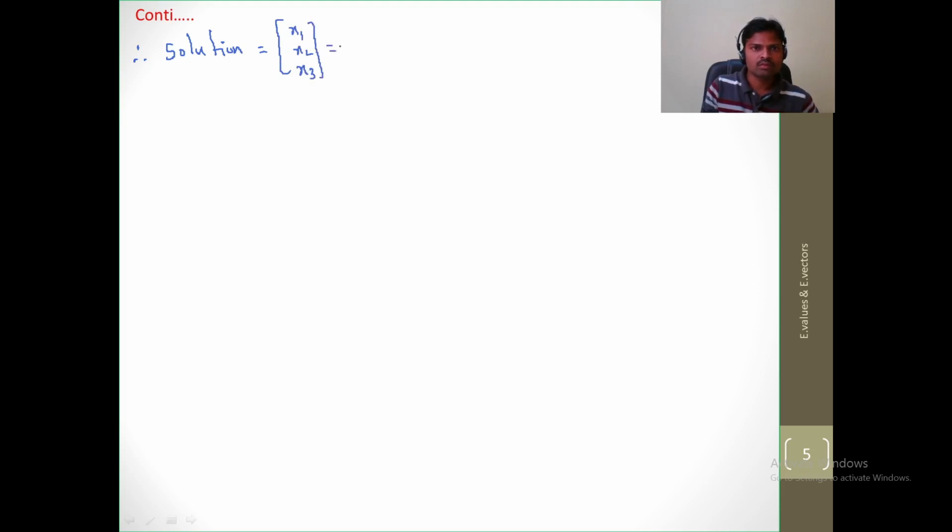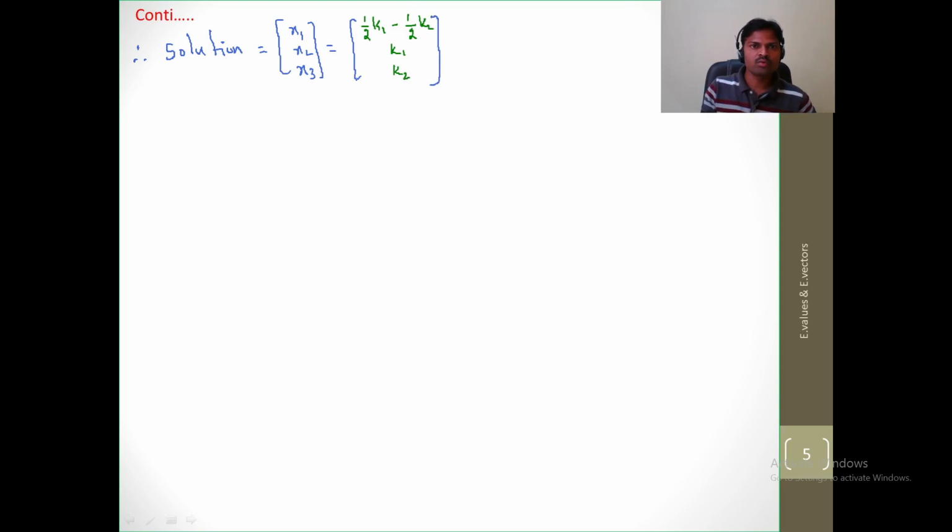So this is equal to, now what is x1? x1 is half times k1 minus half times k2. Just now we computed this. And what is x2? x2 is k1 and x3 is k2. Okay, so this is a solution.